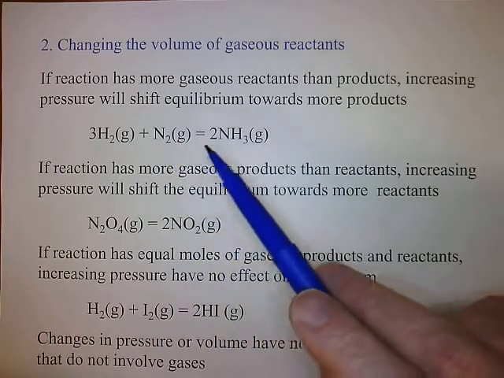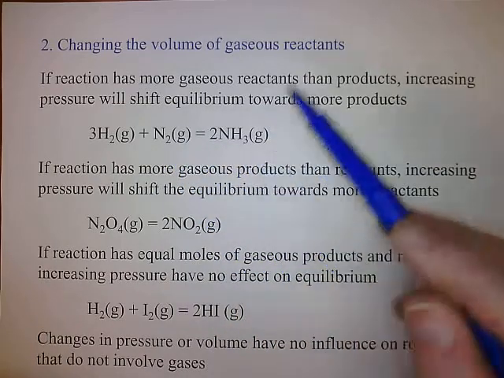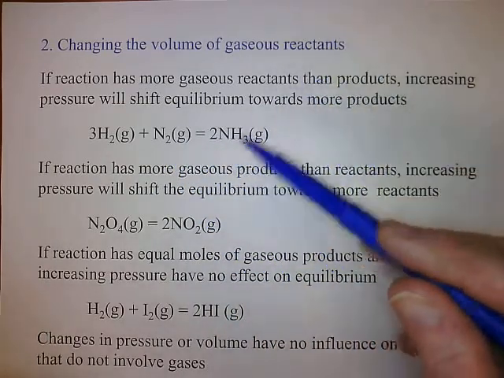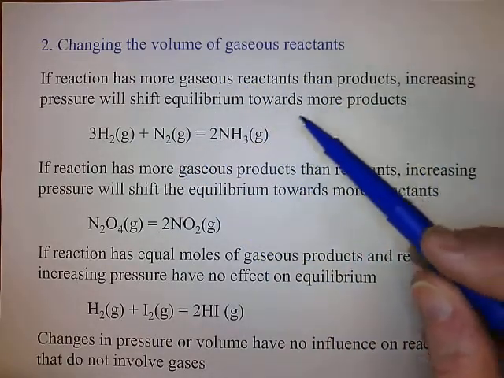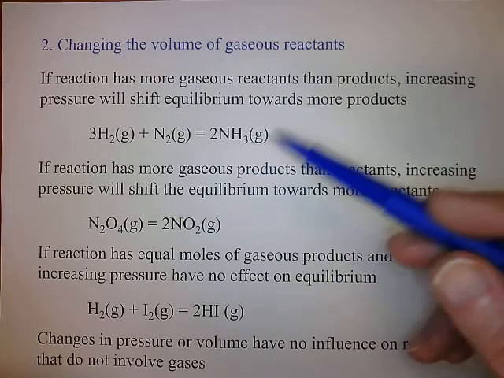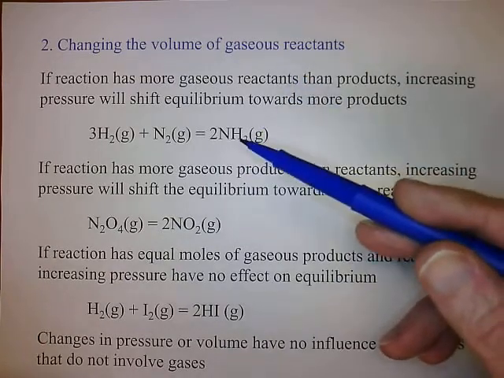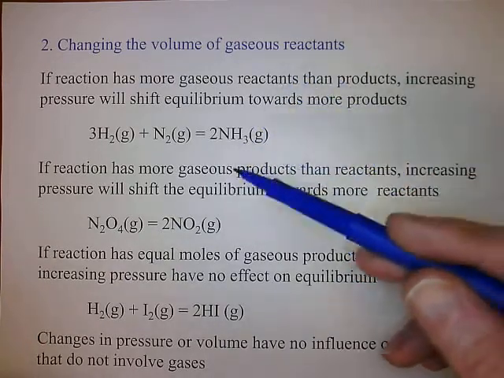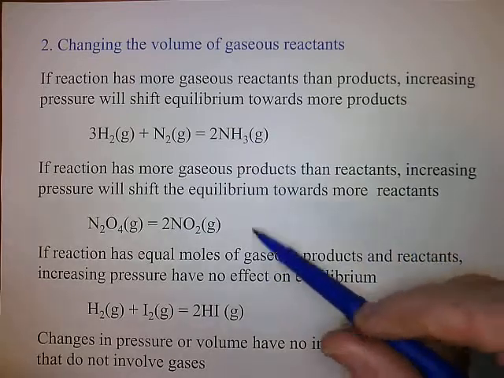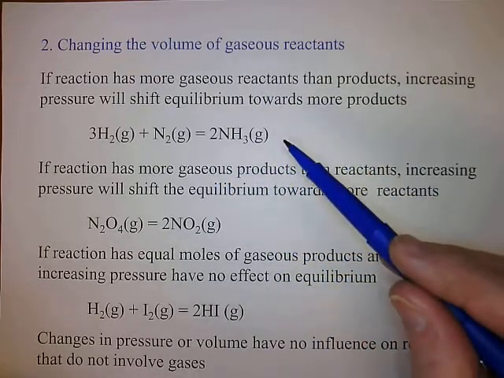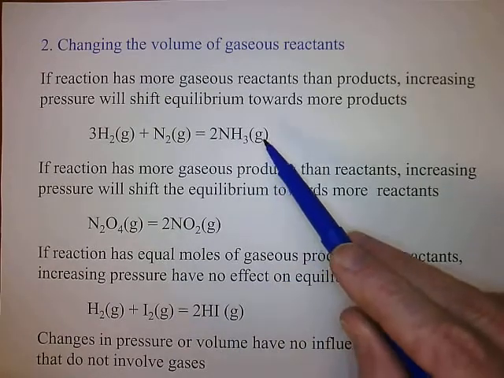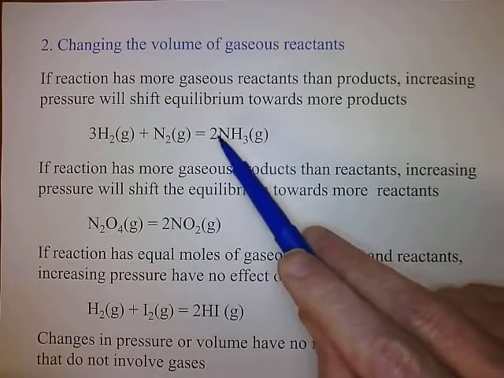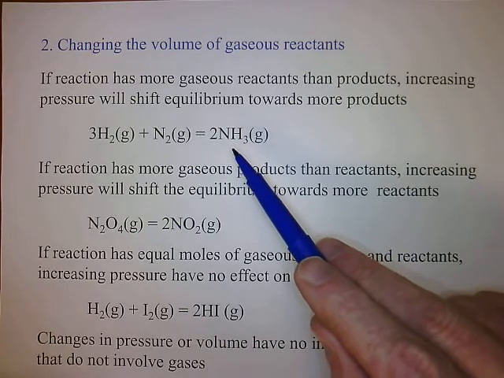So if we change the volume, I know I'm using volume and pressure interchangeably, if we force it into a smaller volume, that will increase the gas pressure. The pressure is going to go up. So the reaction, that's the stress on this reaction. How can the reaction seek to alleviate that stress? By shifting to the right.